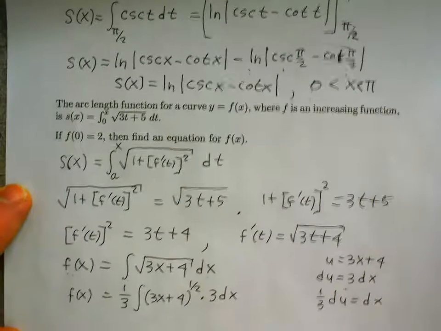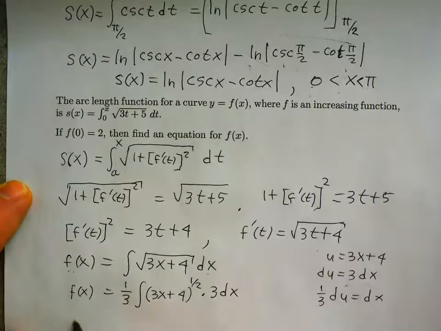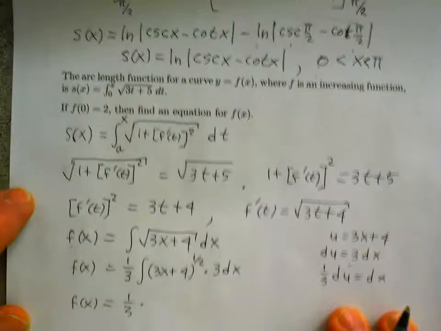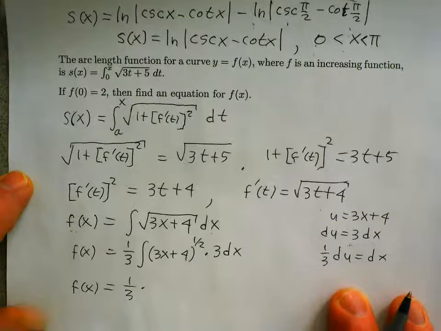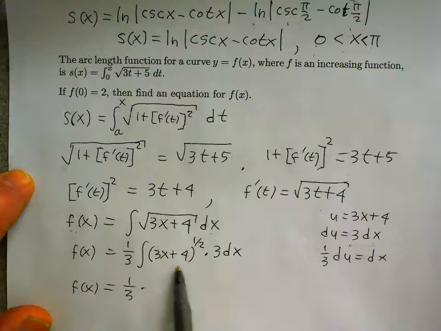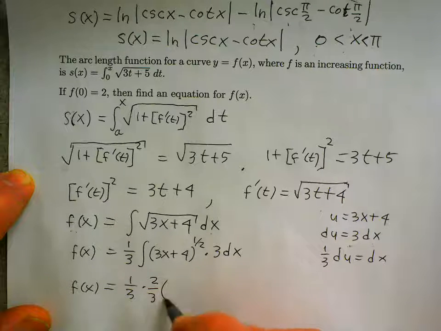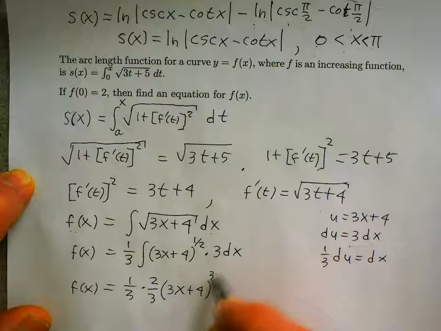And then we can integrate that. We get 1/3 times 3x plus 4 to the 3/2 divided by 3/2. So if we divide by 3/2, that's equivalent to multiplying by 2/3. And then 3x plus 4 to the 3/2. And then plus a constant.